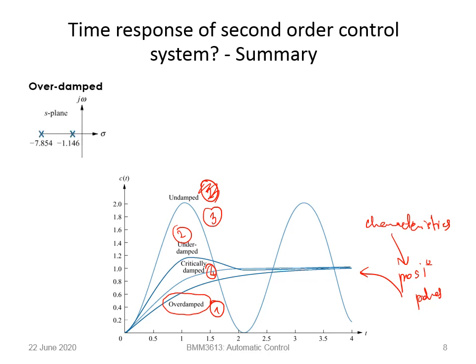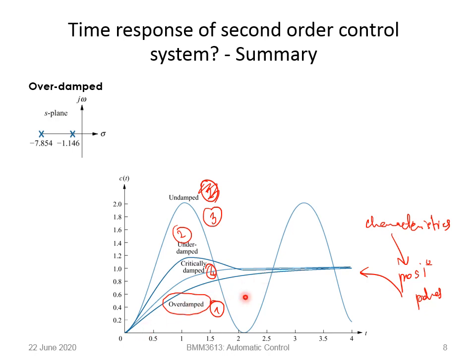An overdamped system is a system where we have two different real poles on the sigma axis, and you will have an overdamped time response. It's a response that is very, very slow, but it doesn't have any undulations.